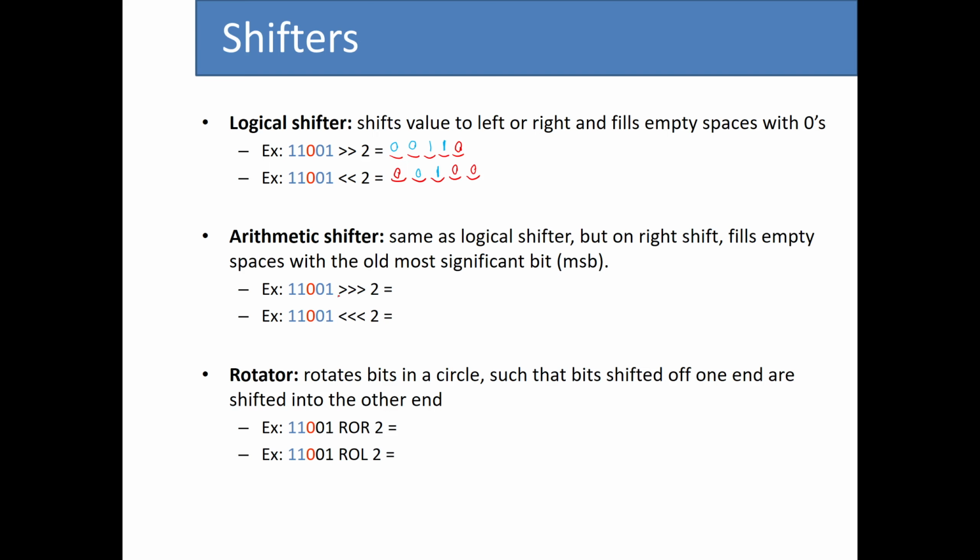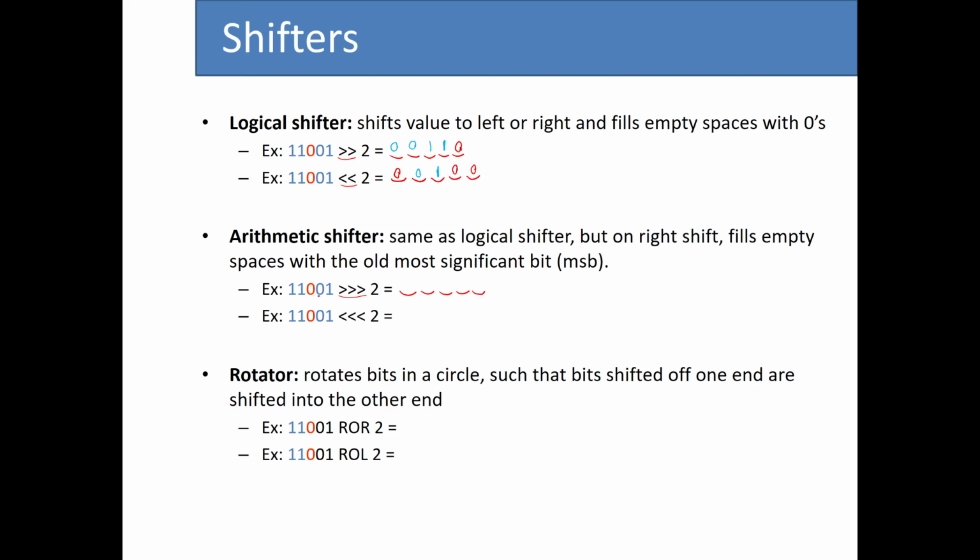This is the symbol for arithmetic shift, and this shows the amount of the shift. Similarly, this is the symbol for logic shifting to the right, and this one is the symbol for logic shifting to the left. The output still has 5 bits.